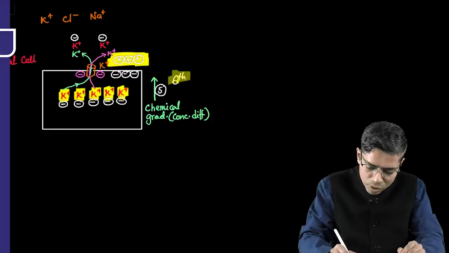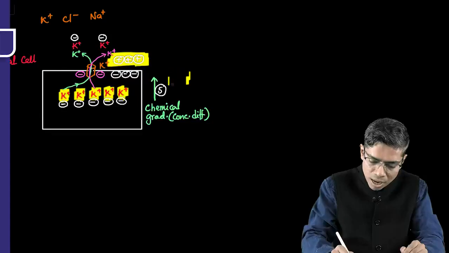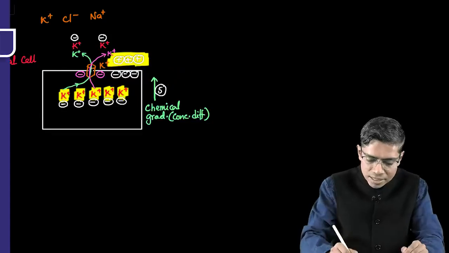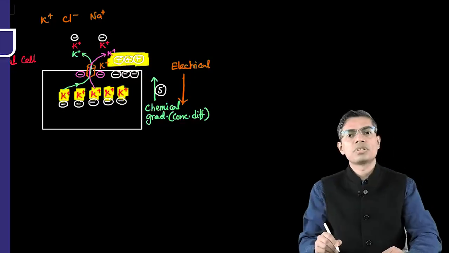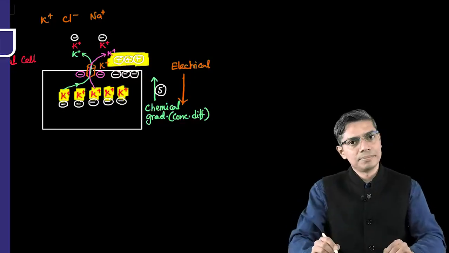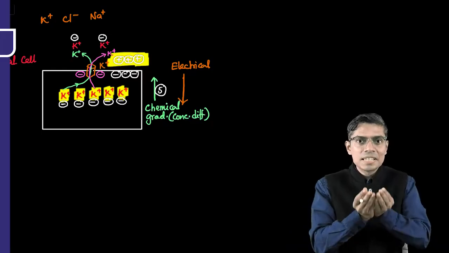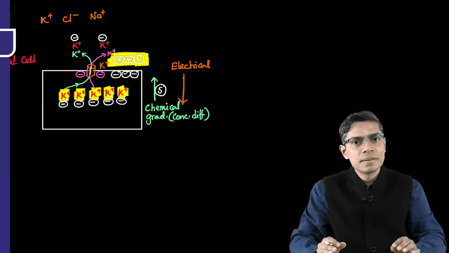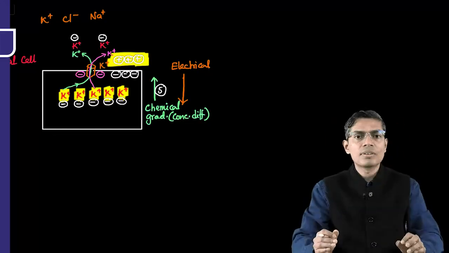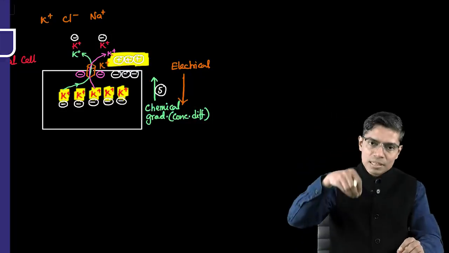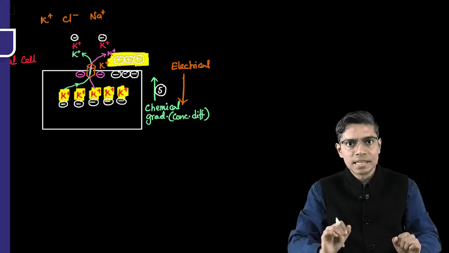So whenever this 6th molecule of potassium is trying to move out, the electrical gradient, or electrical force, is trying to push the potassium inside the cell. So the concentration gradient is pushing potassium out of the cell. After a certain amount of potassium movement, what will happen? Some molecules of potassium will also come back inside the cell.